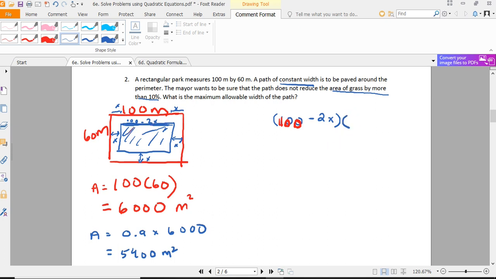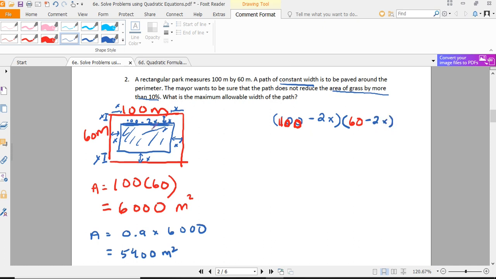Okay? And then, what would be this side? Well, this side would be the same thing, except it would be 60 meters, and again, I'm removing the same amounts from both sides, so the width of this path will also be x. So I'm removing a section of x here and a section here, which means the width of my new park would be 60 minus 2x.